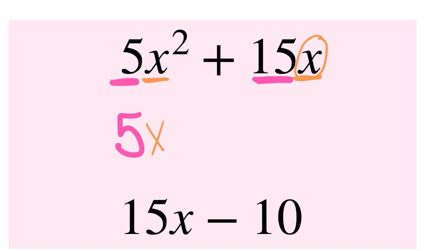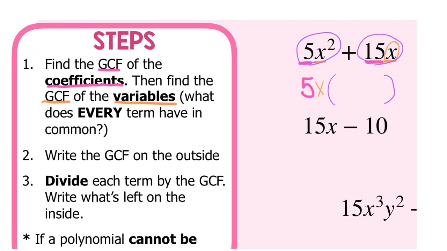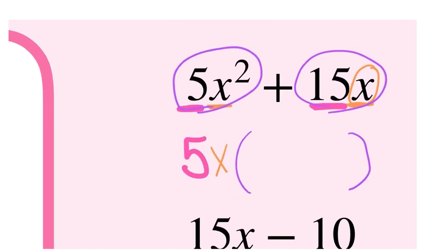And then on the inside of your parentheses, you just have to divide both of these terms by that GCF. So that's step 3. Divide each term by the GCF. And then we're going to write whatever we have left on the inside. So let's go ahead and do that.